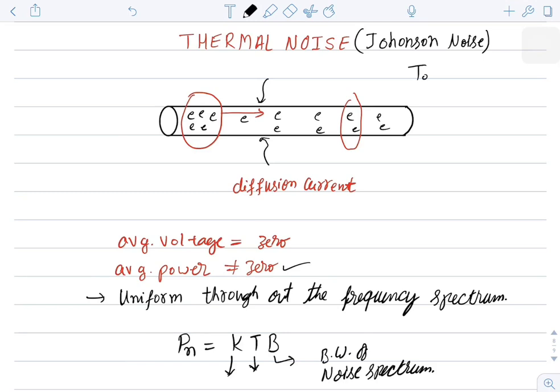If you summarize, this thermal noise is mainly due to the effect of temperature on a conductor, and there exists a non-zero average power.